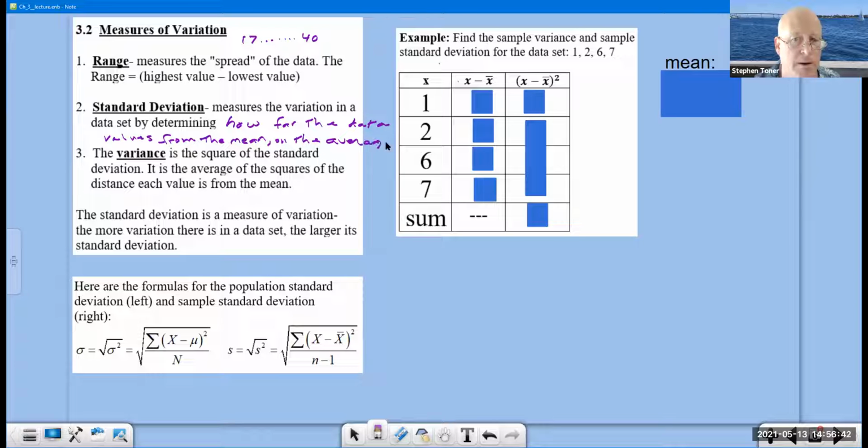Okay, I want you to have that definition down pat for yourself. Sorry I didn't have that typed up in advance. I accidentally left that one out.